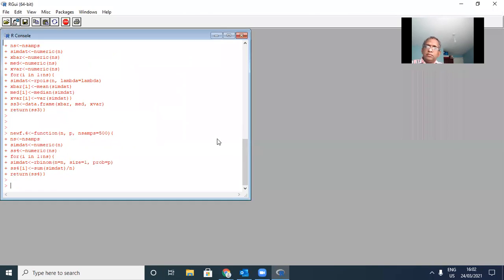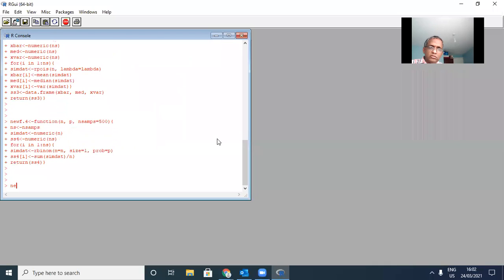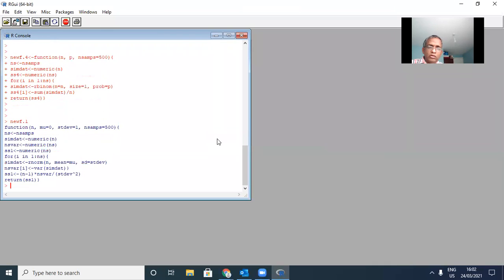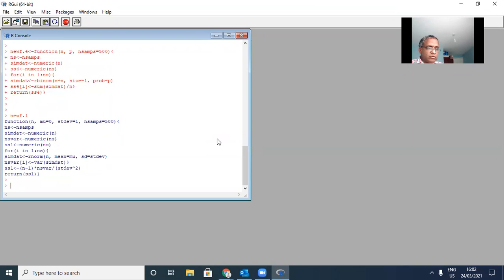Right. The first R function is called new f.1. And what this function does is the following.